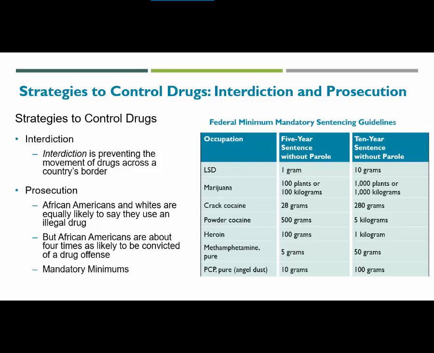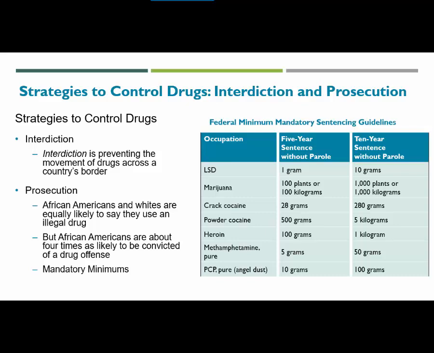Another strategy to control drugs is prosecution. So these are 2018's federal minimum mandatory sentencing guidelines. As previously noted, 50% of people in federal prison are there for some form of drug related crime.